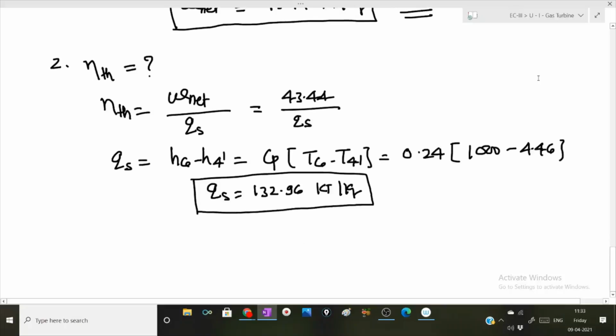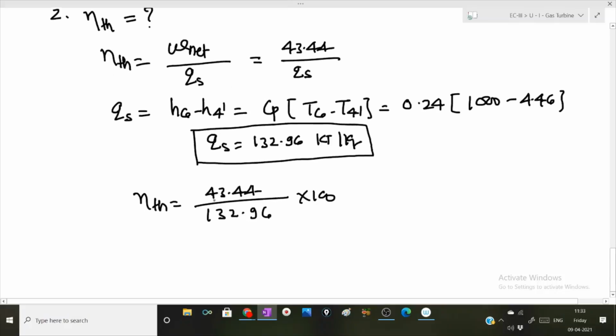So now we can calculate the thermal efficiency for the basic cycle: 43.44 over 132.96 into 100. So thermal efficiency for cycle 1 comes out to 32.67%.